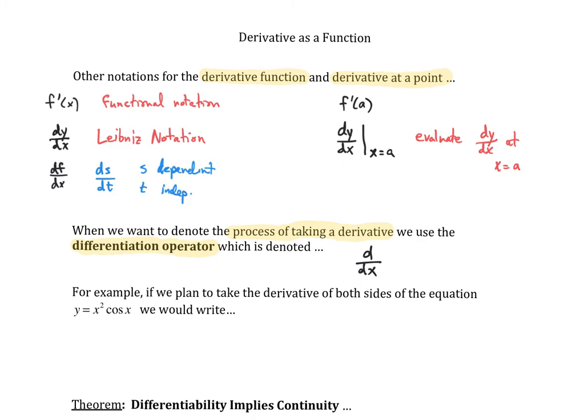For example, if we want to take the derivative of both sides of the equation y is equal to x squared cosine of x, I could write it as d dx of y equal to d dx of x squared cosine of x. So this d dx is the differentiation operator. It says take the derivative. And this side right here is really what we think of as the actual derivative, that's dy dx.